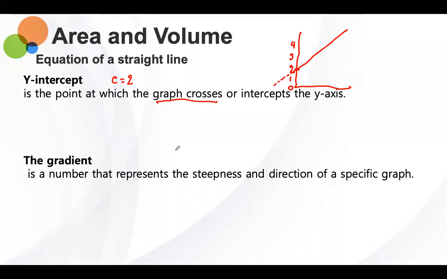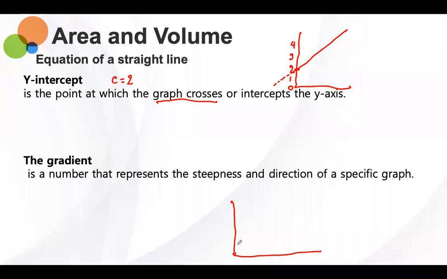Now the gradient. It is a number that represents the steepness and direction of a specific graph. The steeper a graph is, the higher its gradient.